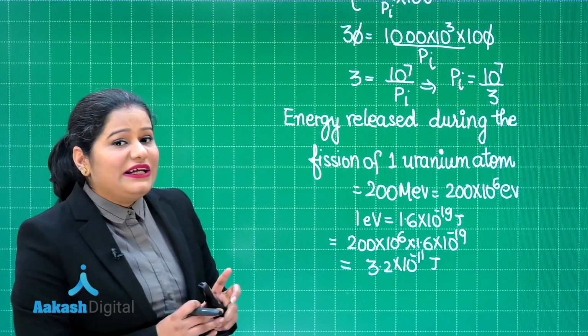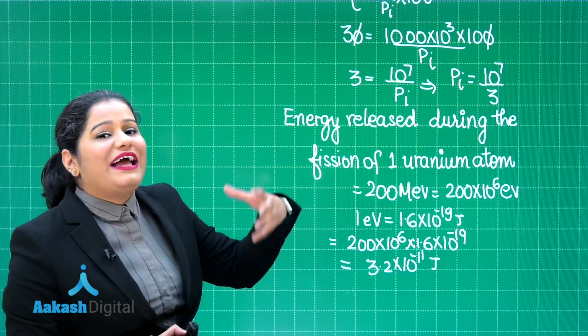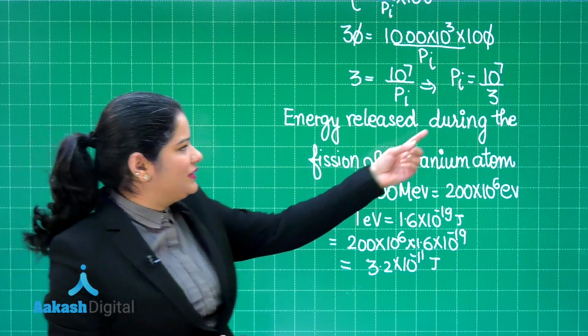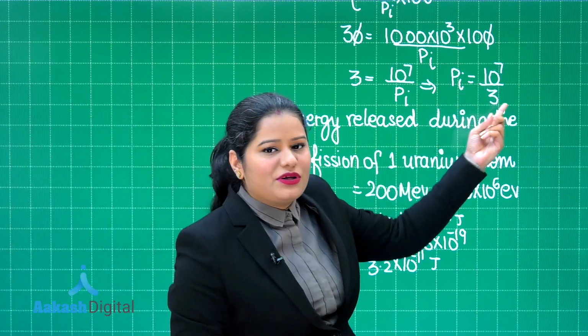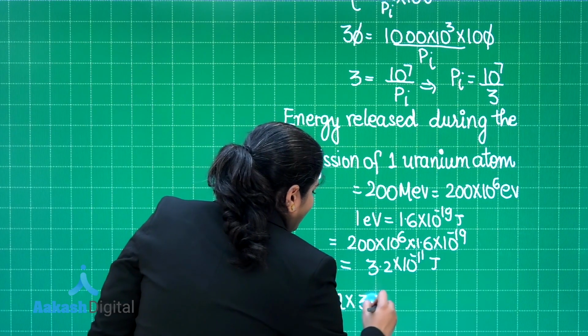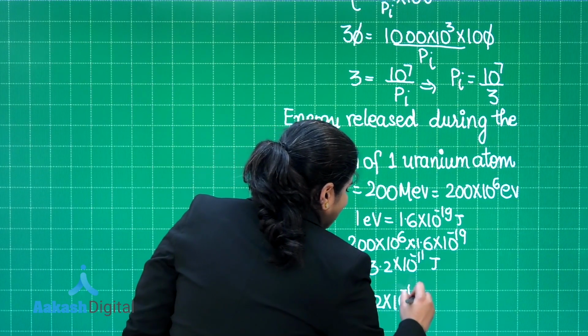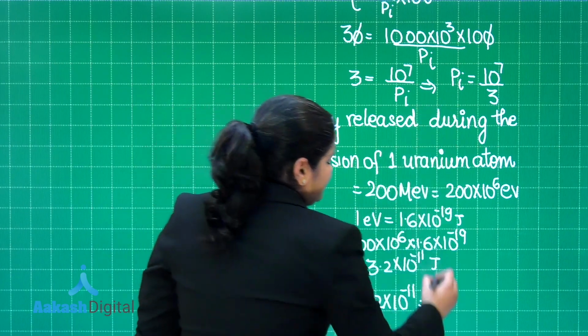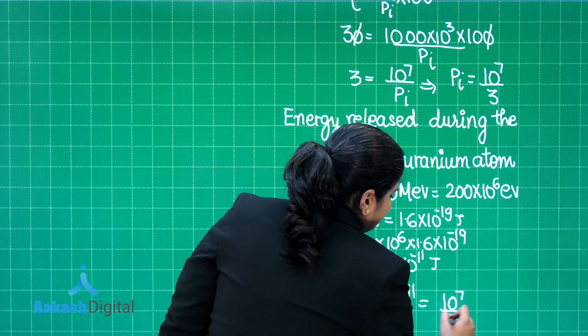What is the energy released during the fission of n atoms? What will be the final energy? That will be 10 raised to the power 7 by 3. So n atoms multiplied by 3.2 into 10 raised to the power minus 11 will be equal to this much energy per second.